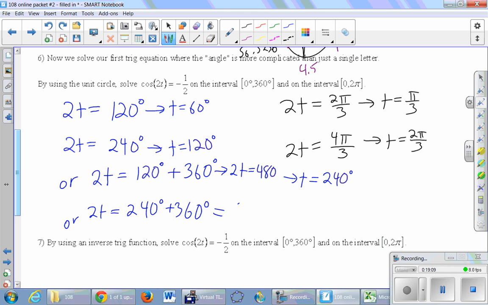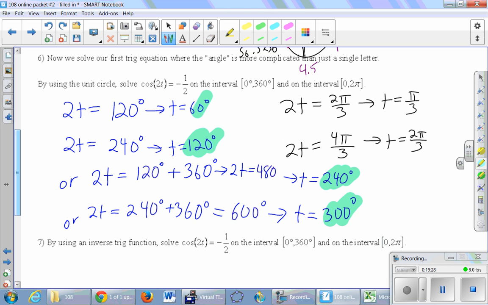So in this case, we get 600, which is too big. But that's 2t. And so when you divide by 2, you get t is 300 degrees, which is not too big. It's a perfectly good answer, actually. So really, there are 4 answers to this problem: 60 degrees, 120, 240, and 300. 4 different answers to this problem.